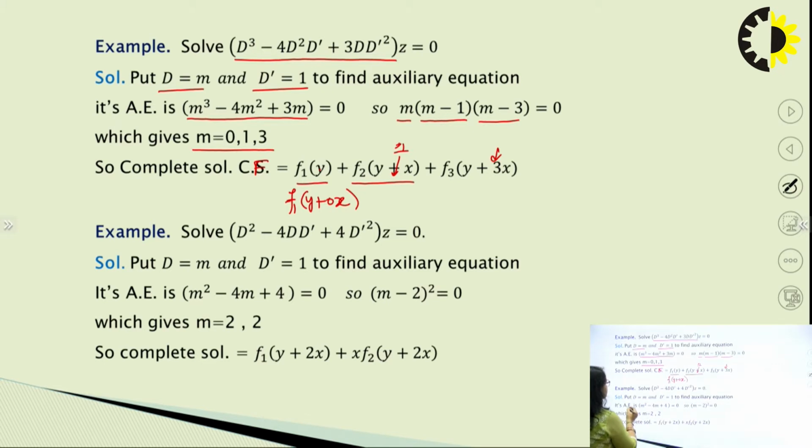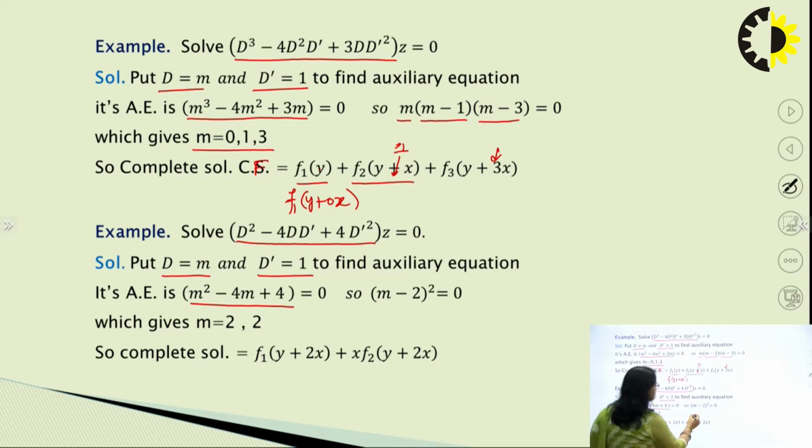But suppose we take another example where we have d square minus 4dd dash plus 4d dash square applied to z equal to 0. In this case, when we substitute d by m and d dash by 1, we get the auxiliary equation as m square minus 4m plus 4 equal to 0.